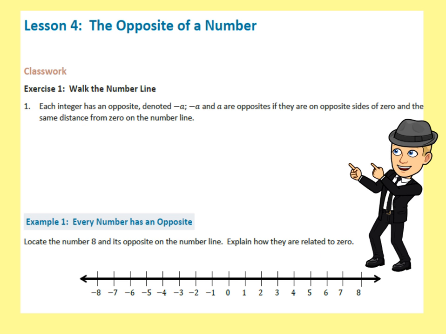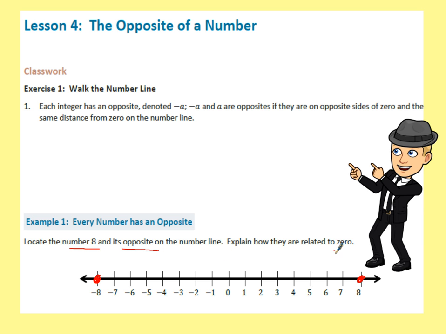So the first thing I need to do is plot those points. So I'm going to find my 8 and plot it. And then I'm going to go to its opposite. So instead of positive 8, I'm going to go to negative 8. So I located the first one, I did its opposite.